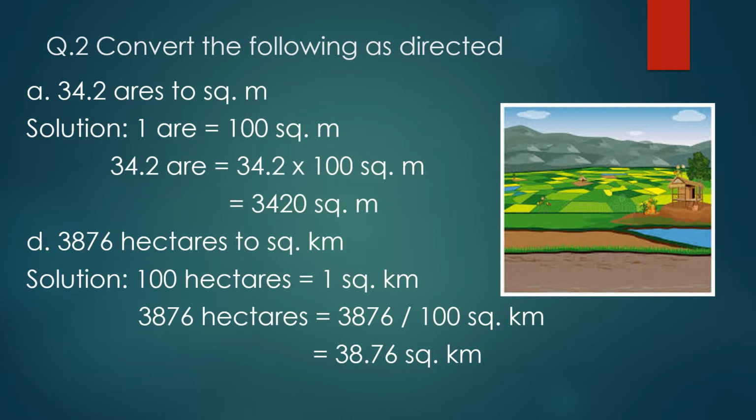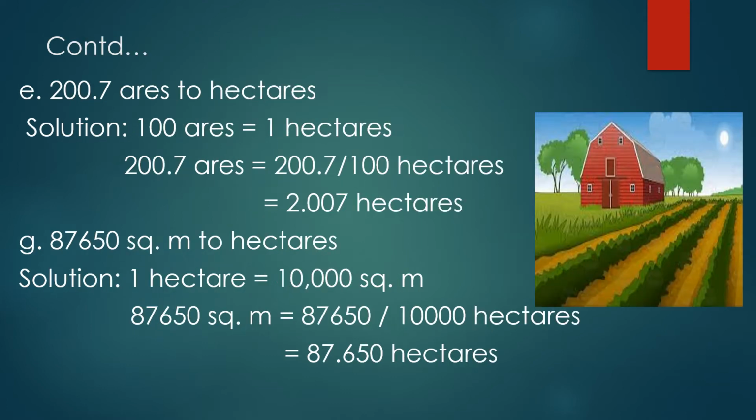So 3876 hectares is equal to 3876 divided by 100. That is 38.76 square kilometers. Okay, now E, 200.7 acres to hectares. Now, what is the relation between acres and hectares?